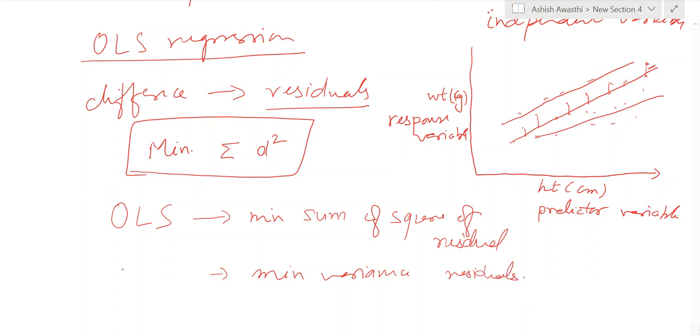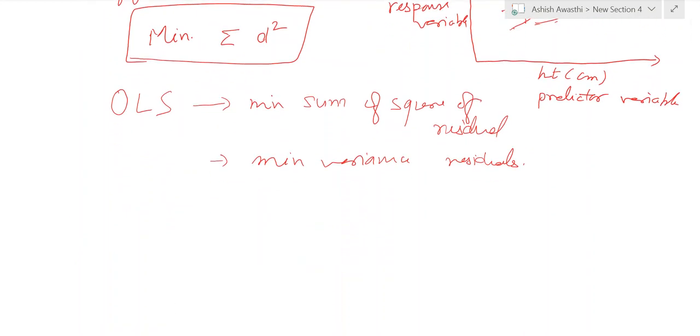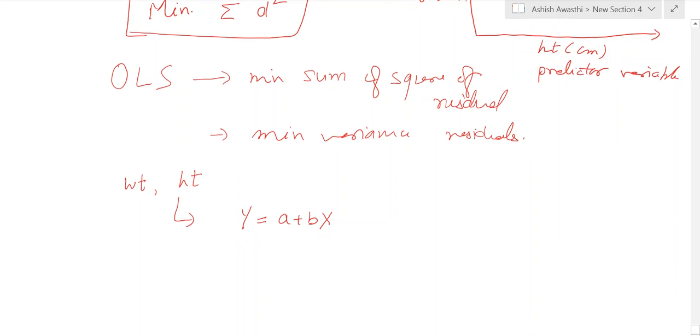If we are interested in fitting a linear regression or OLS regression on our data, we assume the weight and height variables can be written as y = a + bx. I will tell you how to calculate the different components of this equation. We have to calculate a and b to get the exact value of y from x.